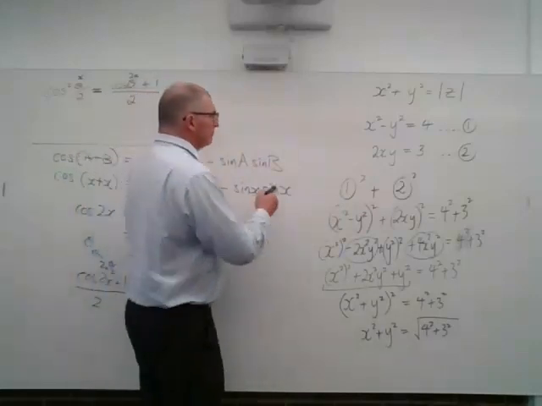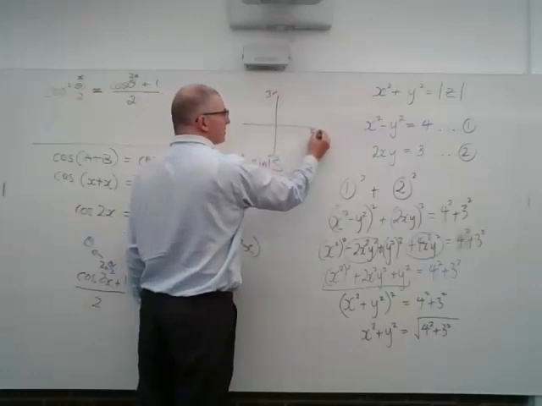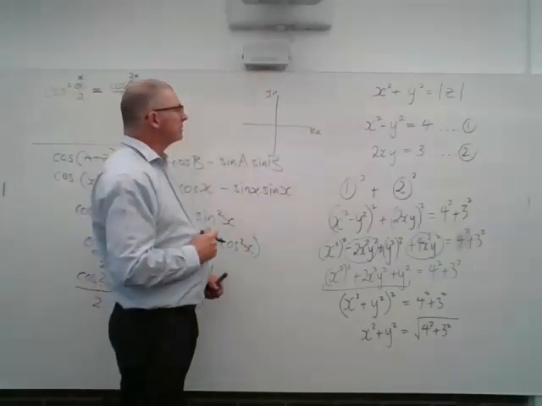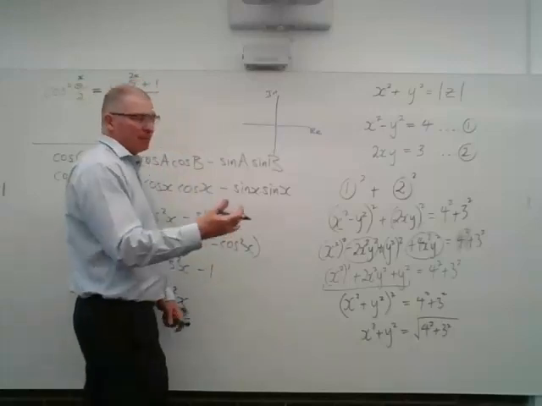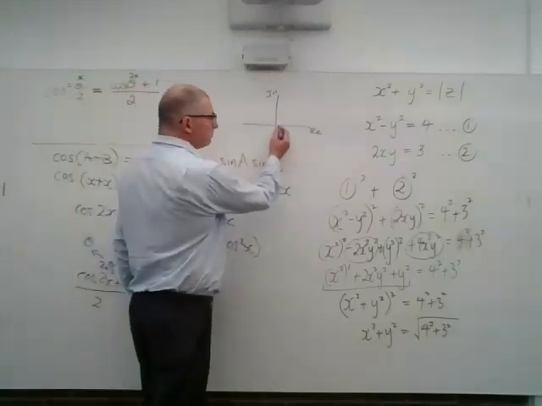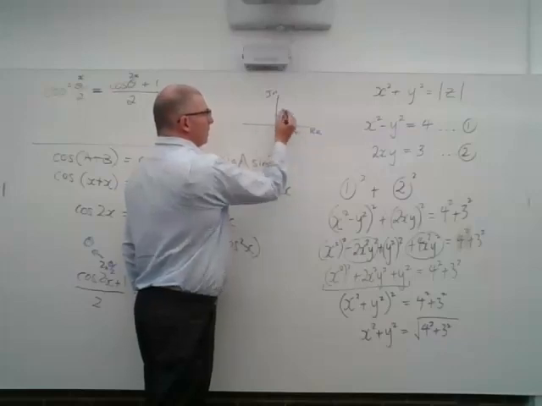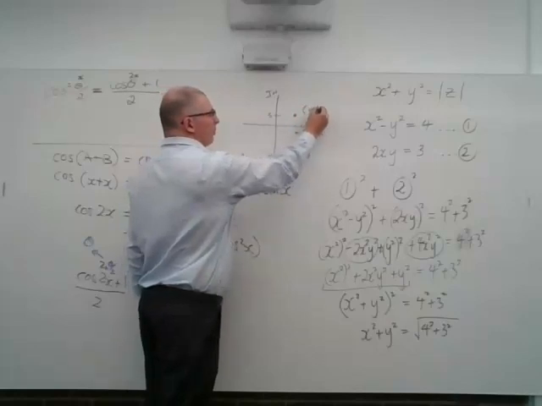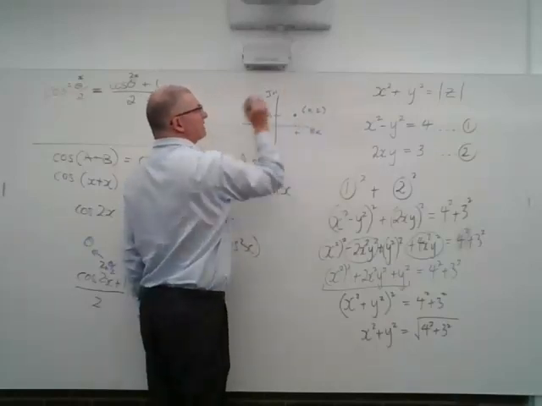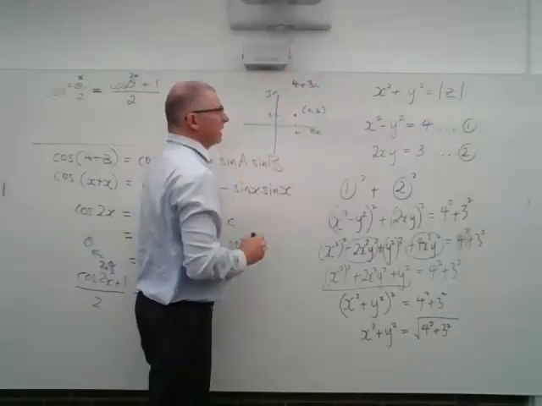Just quickly, if you have your imaginary axis and your real axis, so you've got your complex plane, and you have some number such that you go across 4 and up 3 to there, so that's the point (4, 3), representing 4 plus 3i.